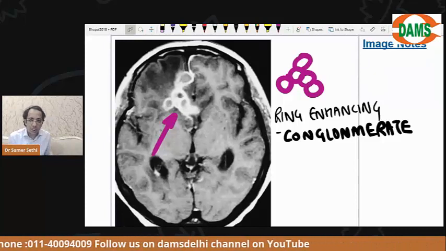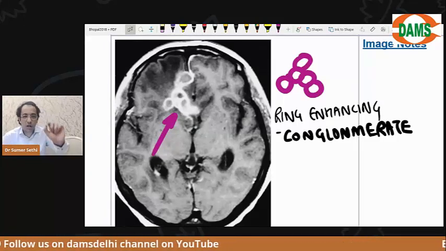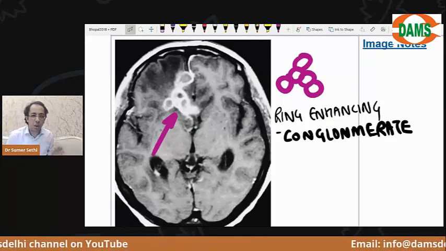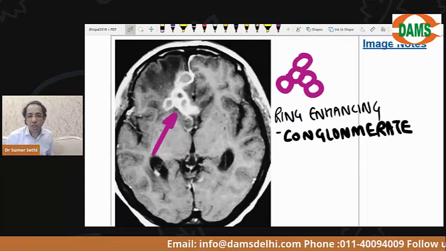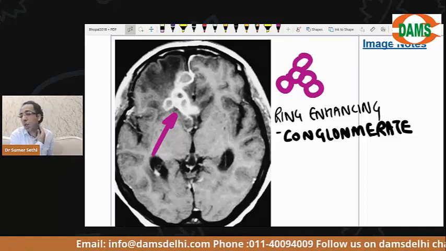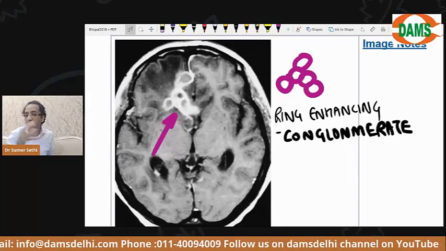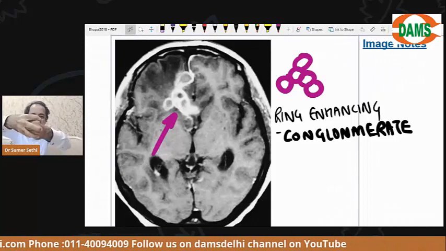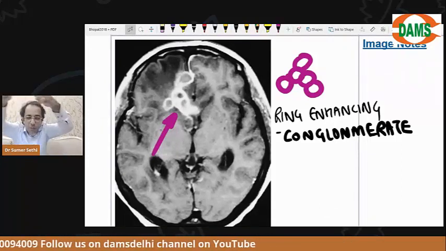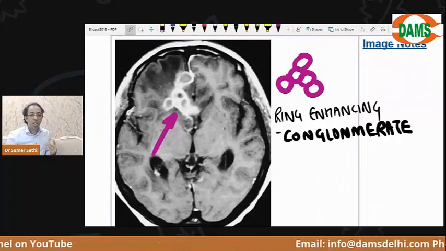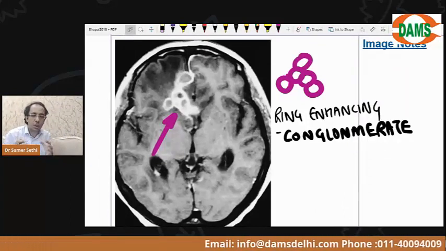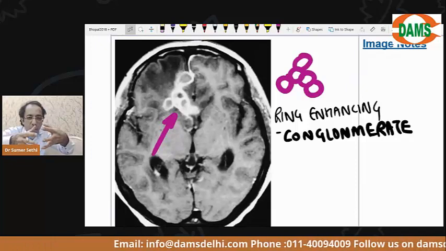How many of you have seen in your clinics that a patient with TB comes with lymph nodes, you touch the lymph nodes in the neck and you find them all sticking to each other? In TB all the lymph nodes are stuck together like this. What do you call it? You say matted lymph nodes. That means tuberculosis has a property of conglomeration.